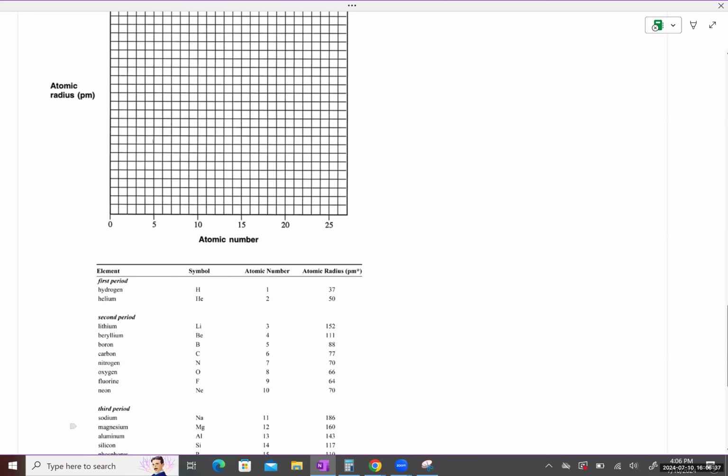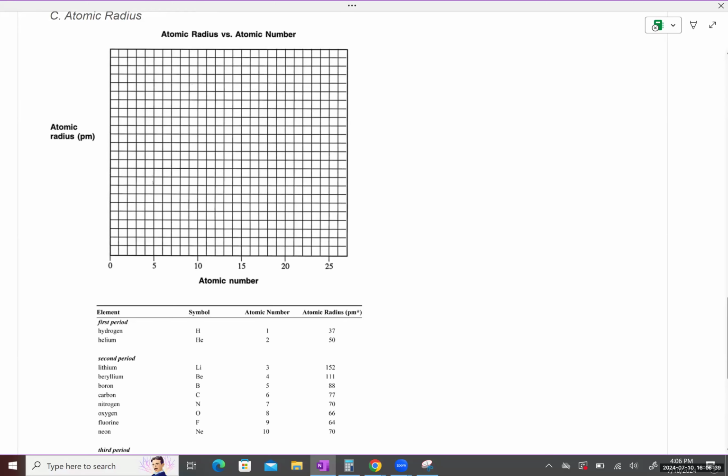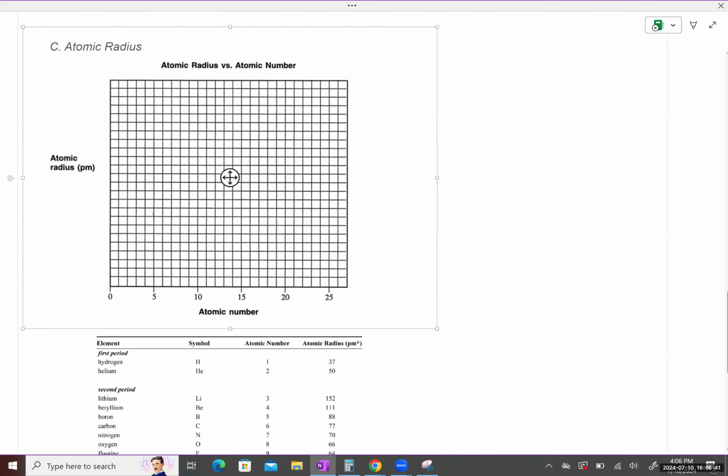Now, I'm going to count the number of squares that I have in my table. We have 1, 2, 3, 4, 5, 6, 7, 8, 9, 10, 11, 12, 13, 14, 15, 16, 17, 18, 19, 20, 21, 22, 23, 24. Well, that's convenient. I can just make each of these marks 10.